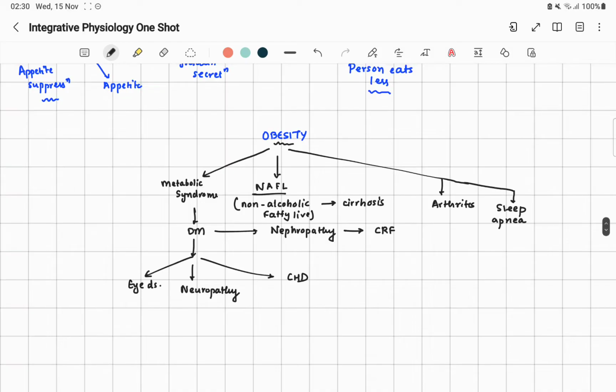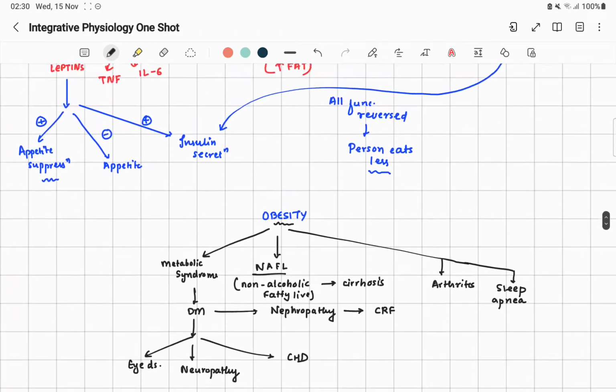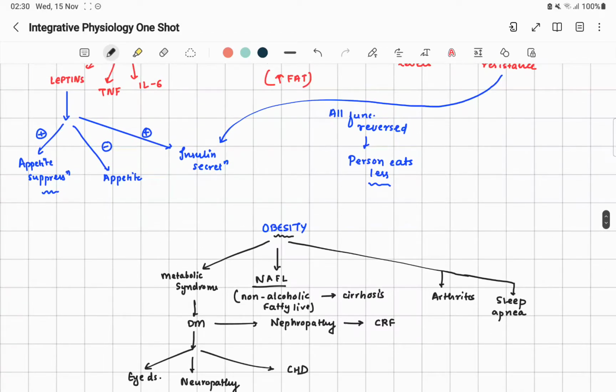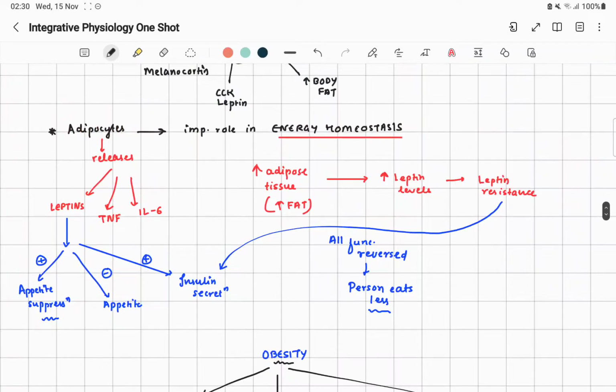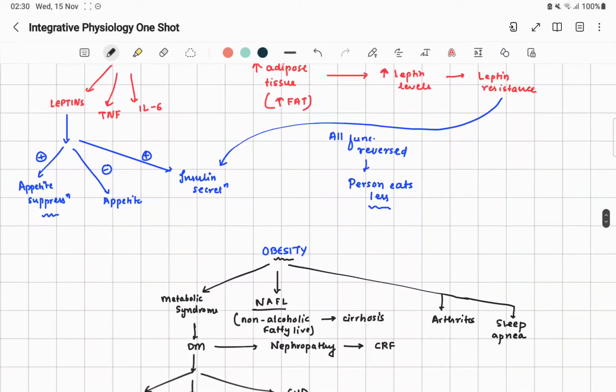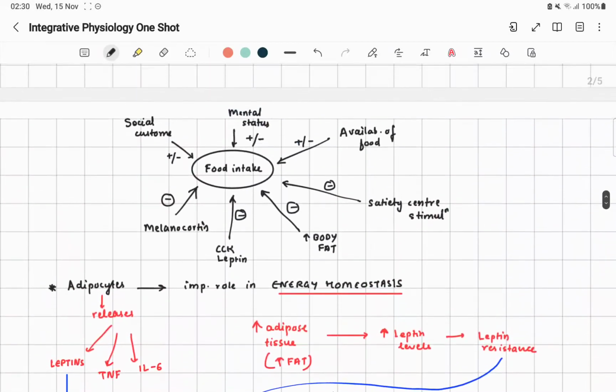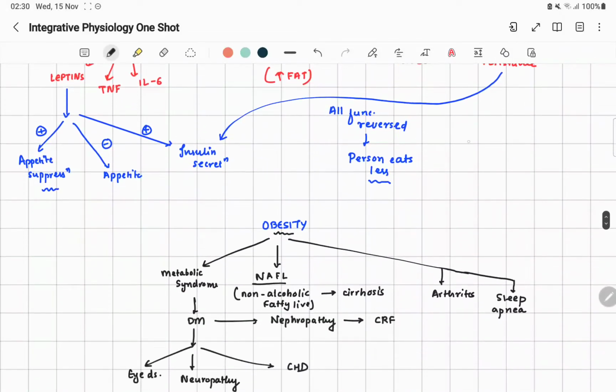Okay, understood. Another thing related to your energy homeostasis, or the food balance, is a disorder called anorexia nervosa. This is a disorder in which there is suppression of appetite.